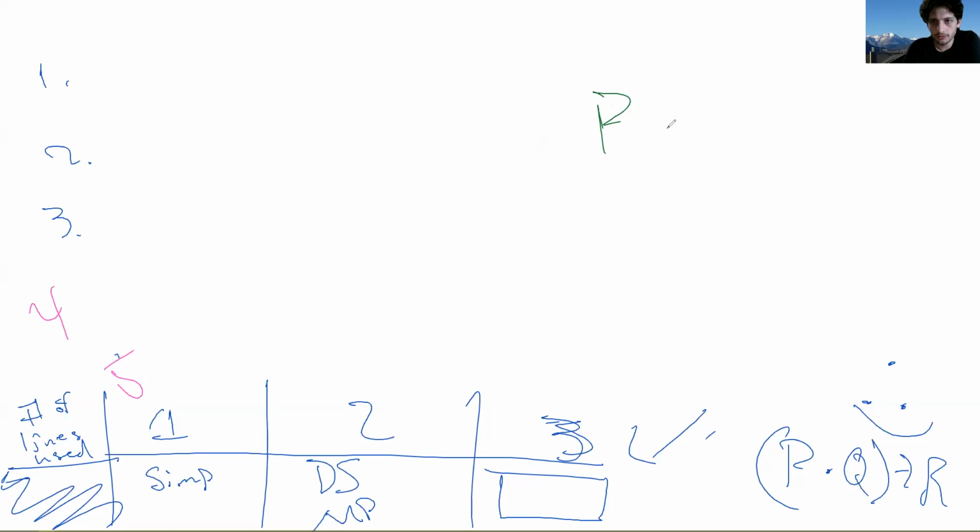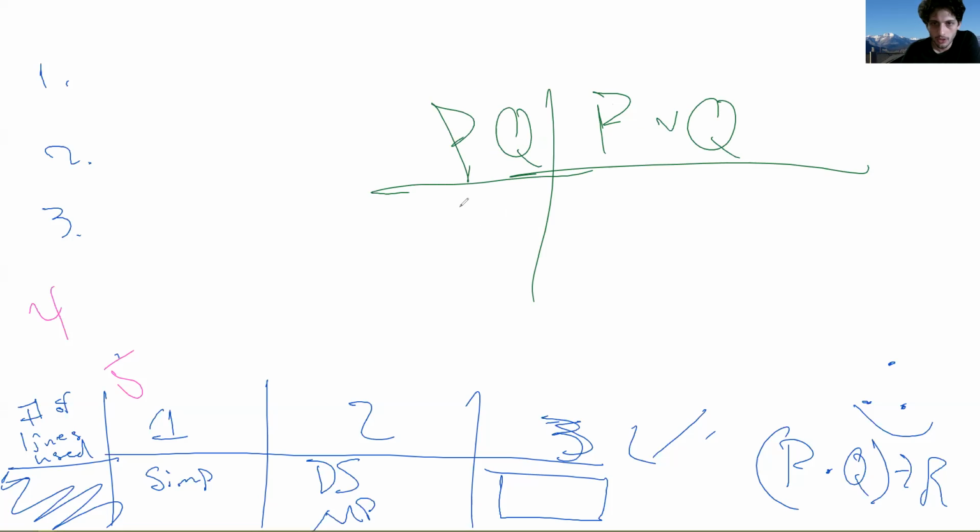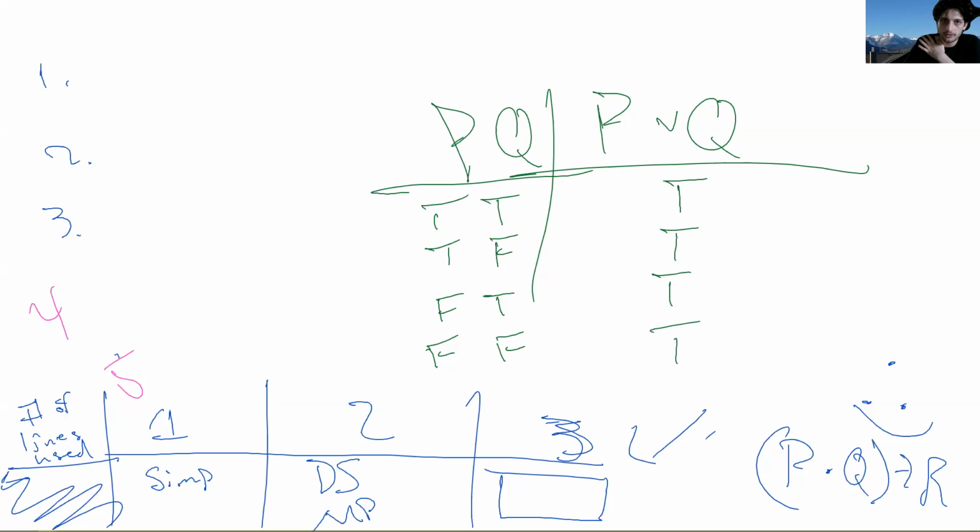Addition utilizes the truth table of OR. So the idea is, we still have the same combination of things that could happen. And then OR is only ever going to be false if both of them don't happen, right?